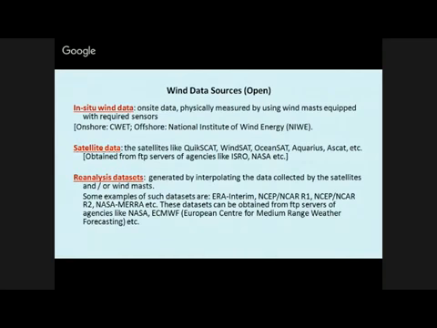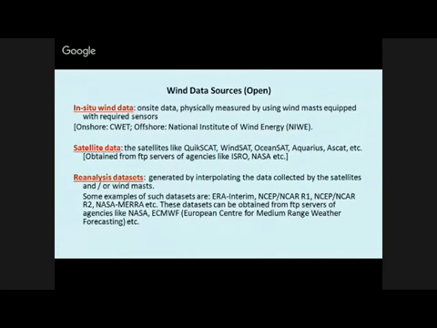Besides this, other types of data are reanalysis data sets, which are normally generated by interpolating the data collected by the satellite. Satellite data at very low velocities have higher uncertainties, maybe more than 10%, so some interpolation is required by using reanalysis data sets. Again, a lot of open sources are available, NASA, MERRA, and ECMWF, that is the European Centre for Medium-Range Weather Forecasts.